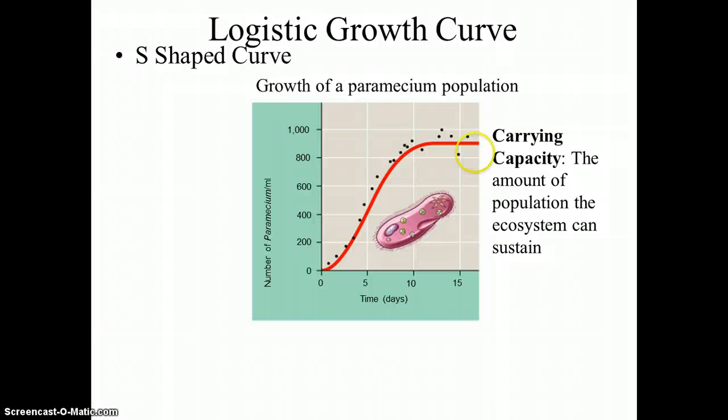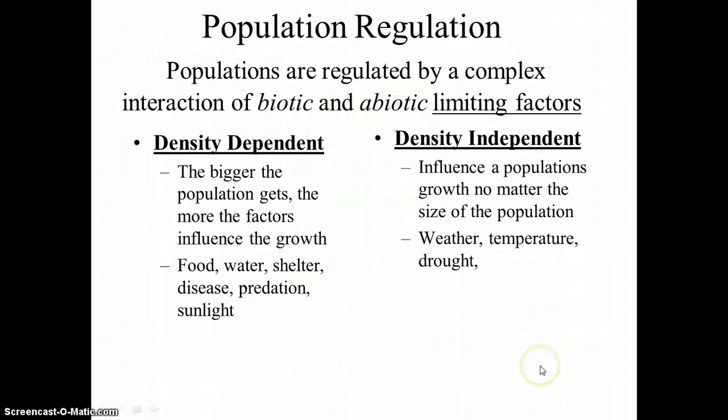So if you're looking at the numbers, what would you say is the carrying capacity for the paramecium population in this pond? It's about 900 paramecium.